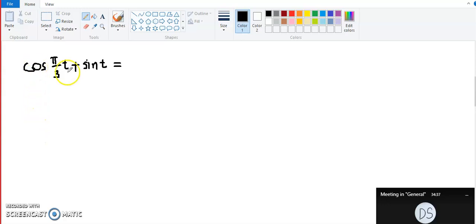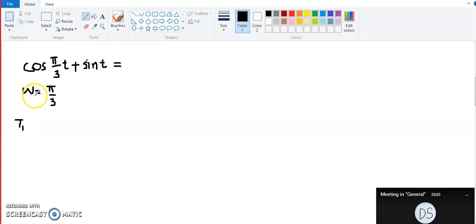First of all, cos and sin individually are periodic. Cosine and sine signals are periodic in nature. So what will be the time period of the first signal? It can be obtained by finding omega. Omega is pi by 3 here, because what is written with t is omega.